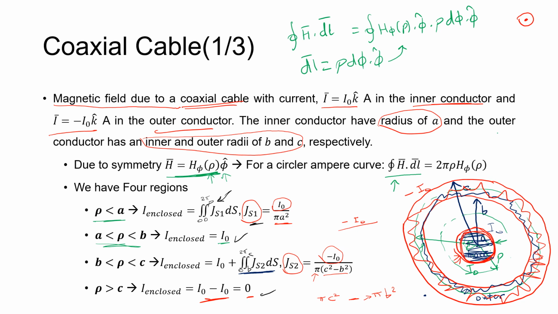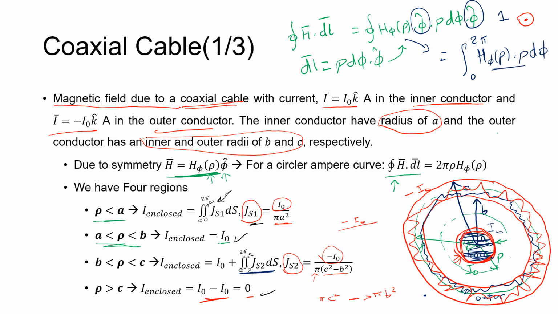When you take the dot product of phi with phi, this results in 1. Then you can rewrite this equation as the integration from 0 to 2 pi, because this is a whole circle, of the H component times rho d phi.